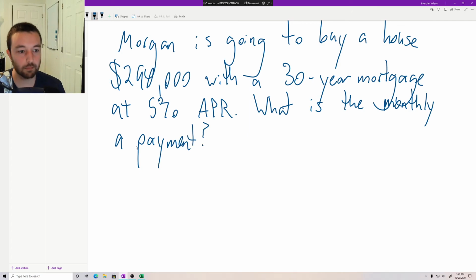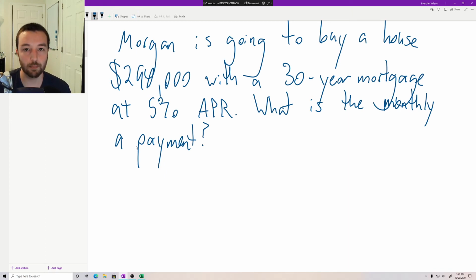Just to speak to the numbers here, it's hard to say if these are reasonable, because houses fluctuate a lot depending on the area. $290,000 here would probably be a pretty nice house. $290,000 out in San Francisco would be unheard of, because even really small houses there are getting up to 800,000 to $1 million.